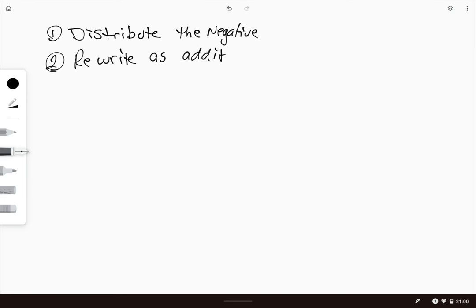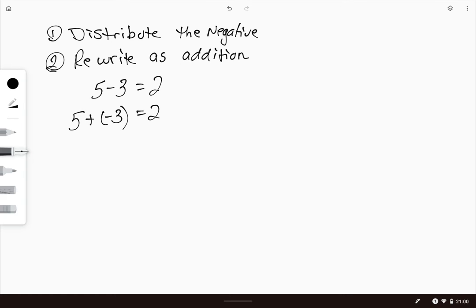And let me explain to you what I mean by that. Every time you have subtraction, any subtraction problem can be rewritten as an addition problem. So if I have 5 minus 3, I know that 5 minus 3 equals 2. I could rewrite that as an addition problem of 5 plus a negative 3. And if I did 5 plus a negative 3, my answer is still going to be 2.